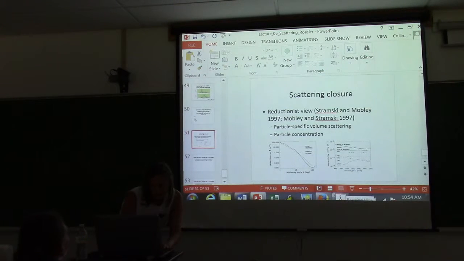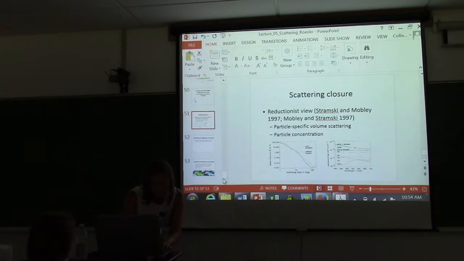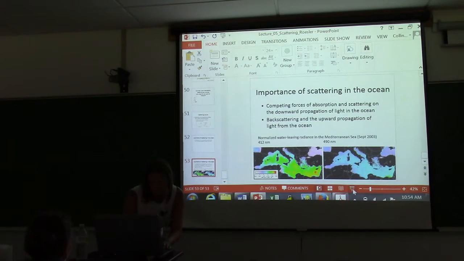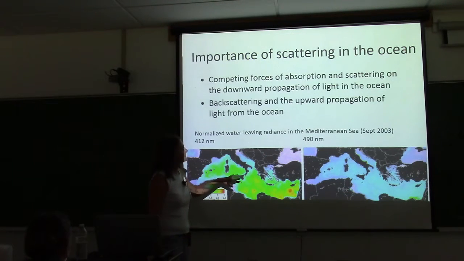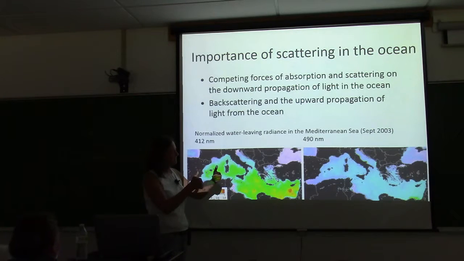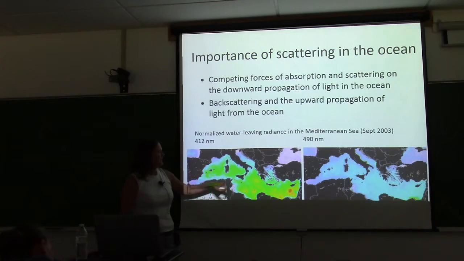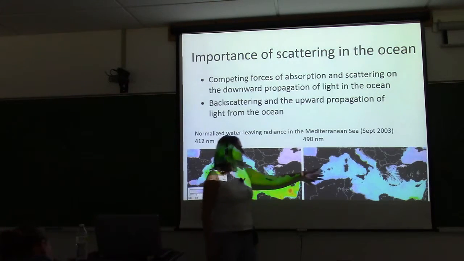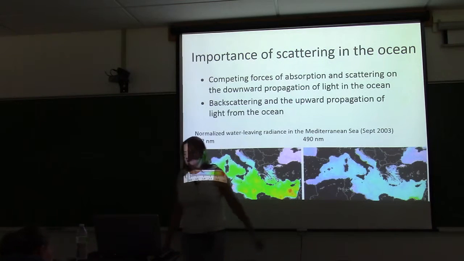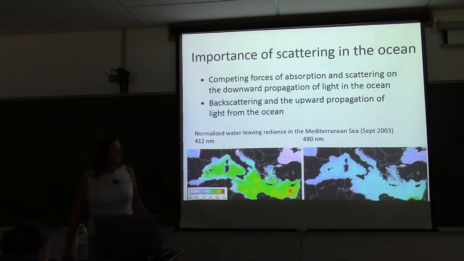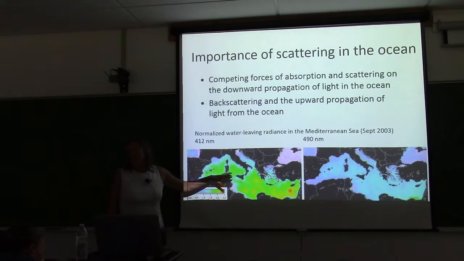And I just want to end with this pretty picture. This is the radiance, the light field coming out of the Mediterranean Sea in two different wavelengths. The ocean is very bright at 412, and it's not as bright at 490. This is normalized radiance. When you look at the patterns here, you should be thinking about what is causing that upward light coming out of the ocean at different wavelengths.